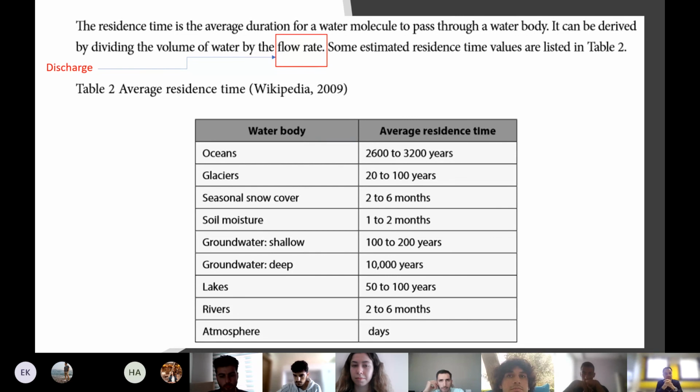For example, when we assume that a kind of pollution is released to a river, but in a steady state, not for a short time, steadily a kind of pollution is released to the river, that pollution remains 6 months in that river. This is a definition or usage of residence time.